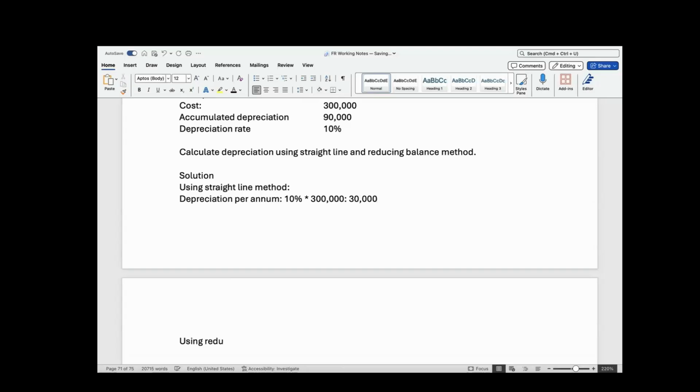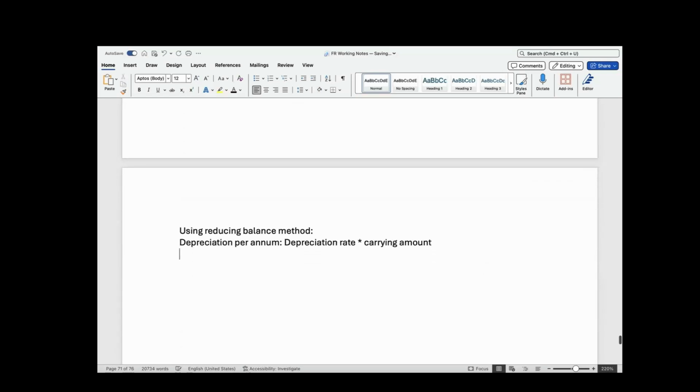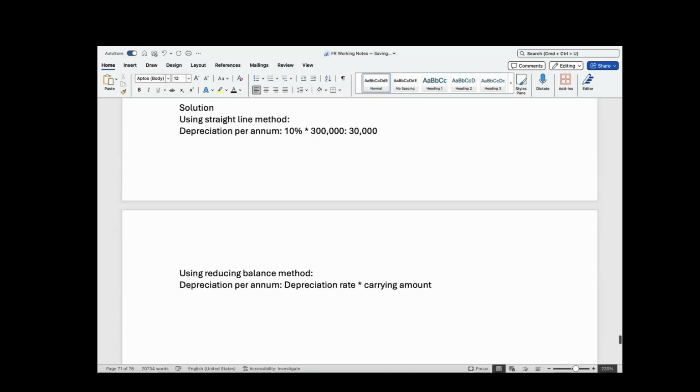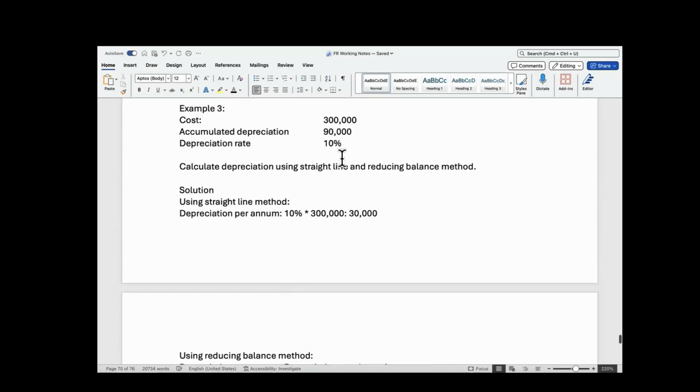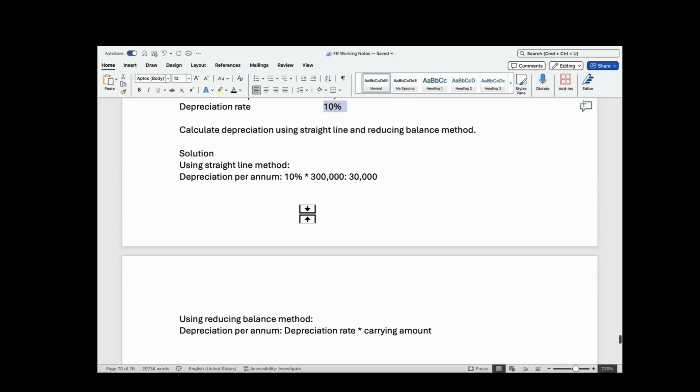But using the reducing balance method, I already told you that depreciation per annum is depreciation rate times carrying amount. And what's my depreciation rate in this case? I know it as 10%.